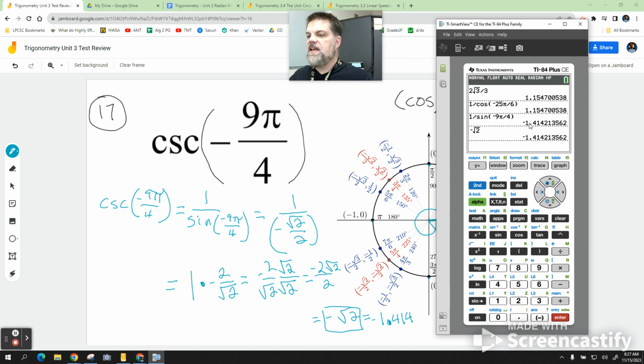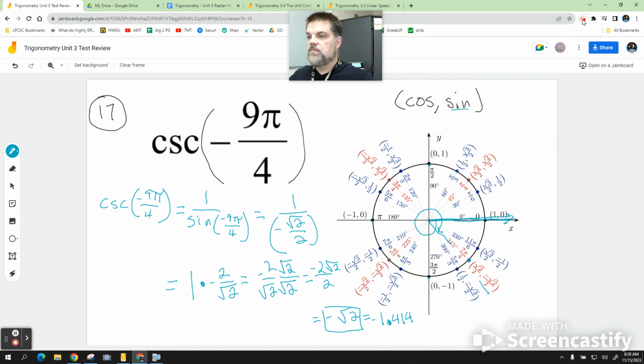So you plug it in here, you get what the decimal is, and then I need you to leave it as the exact value, but you can plug it in the calculator to see if your exact value is correct. Does that make sense? That's a good question. I'm glad you asked. So yes, on the test it says do exact value, so that means it stays as a square root, but you can double check to see if they have the same decimal. Good question.